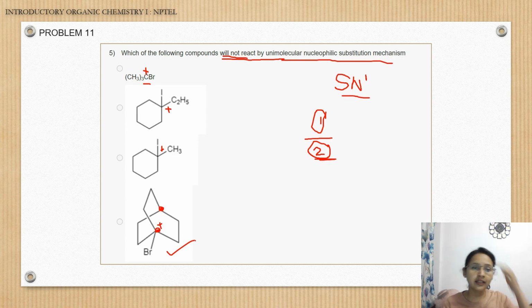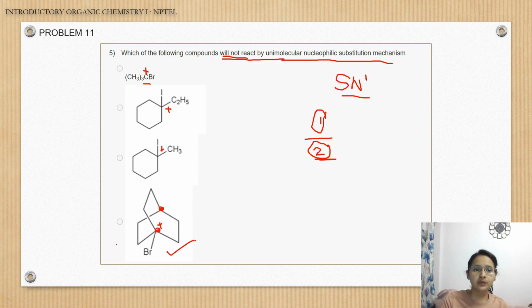If the question is asking whether things are going according to SN1 or SN2, you first have to figure out what the intermediate would be in that particular situation. If the intermediate is stabilized, then the reaction will happen. But if the intermediate is not stabilized, the reaction is not going to happen at all. So this is a standard example of what Bredt's rule says. Is it clear now?